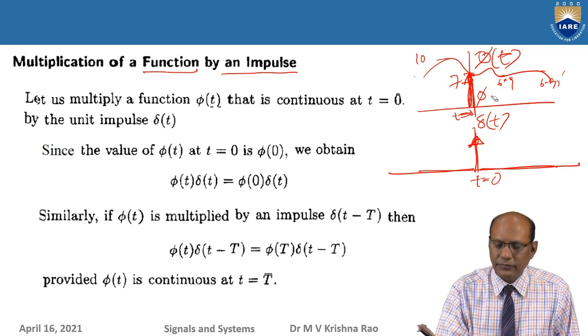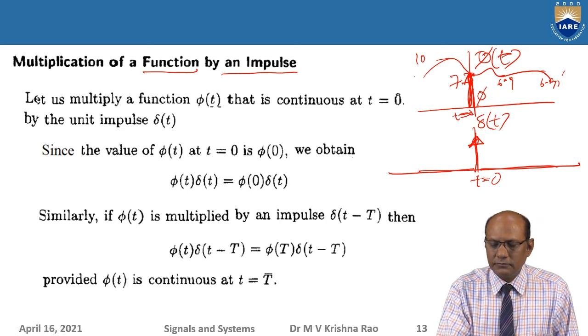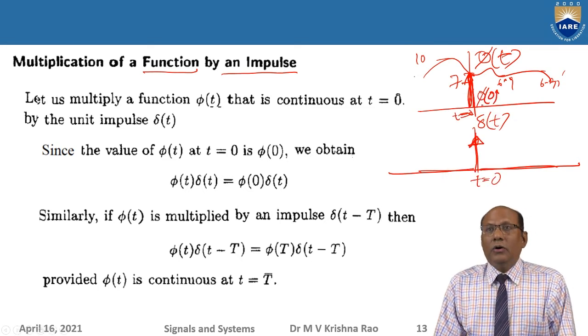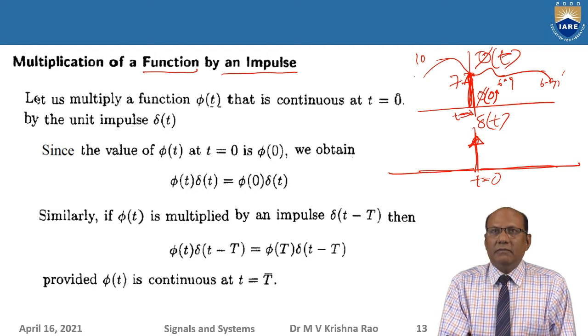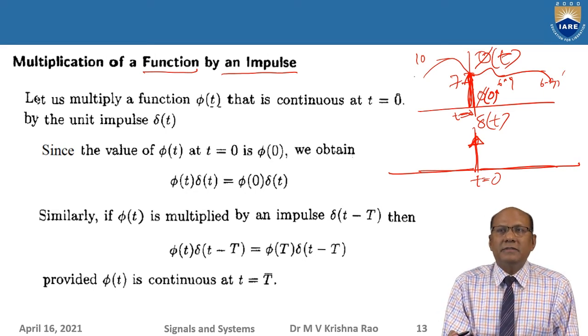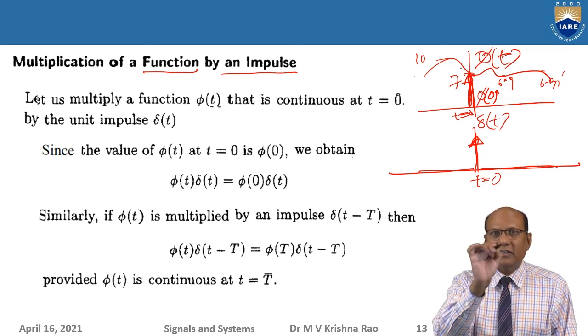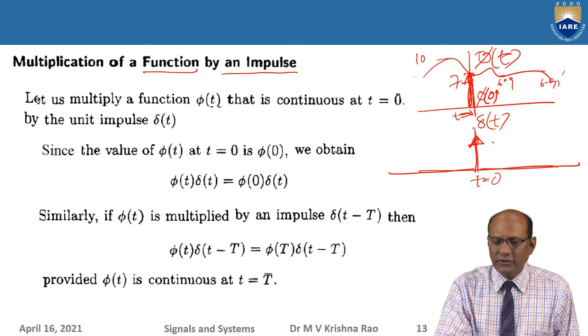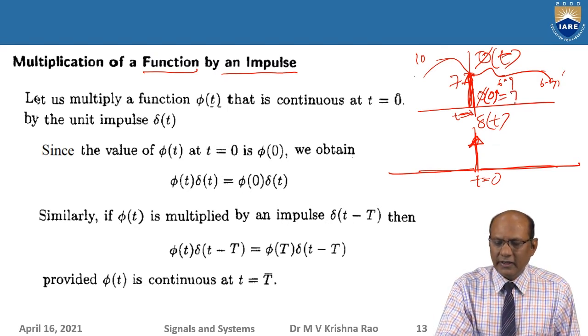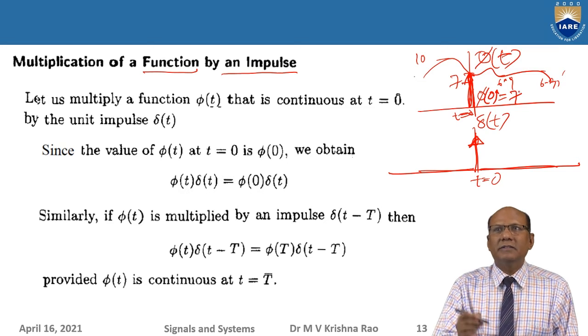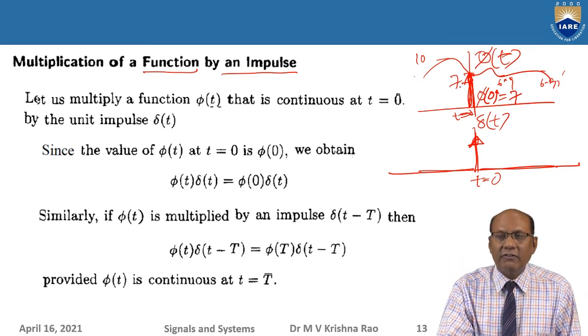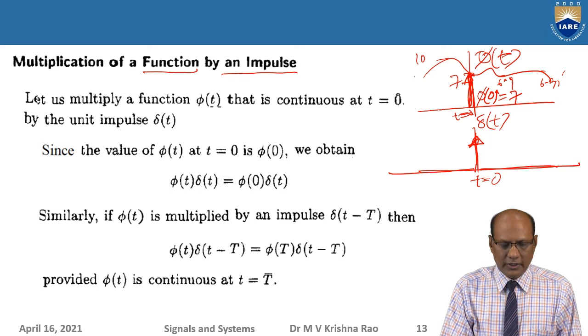So any function when multiplied by an impulse, the resultant value is equal to the value of that function at that instant, whatever value is there. So phi of 0 equals 7 here, because the function phi of t has the value 7 at t equal to 0.